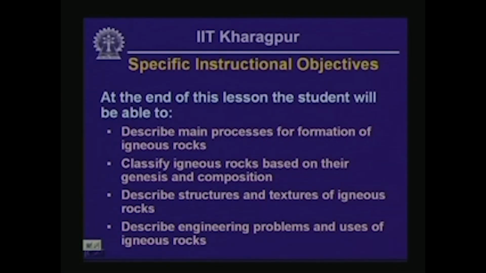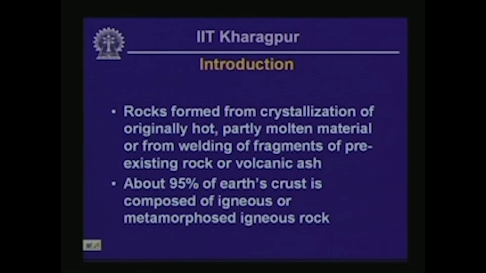Now, these are the objectives of this particular lesson, and the first thing that comes to mind is what is meant by igneous rock. Igneous rock is essentially formed from the crystallization of originally hot, partially molten rock forming material.